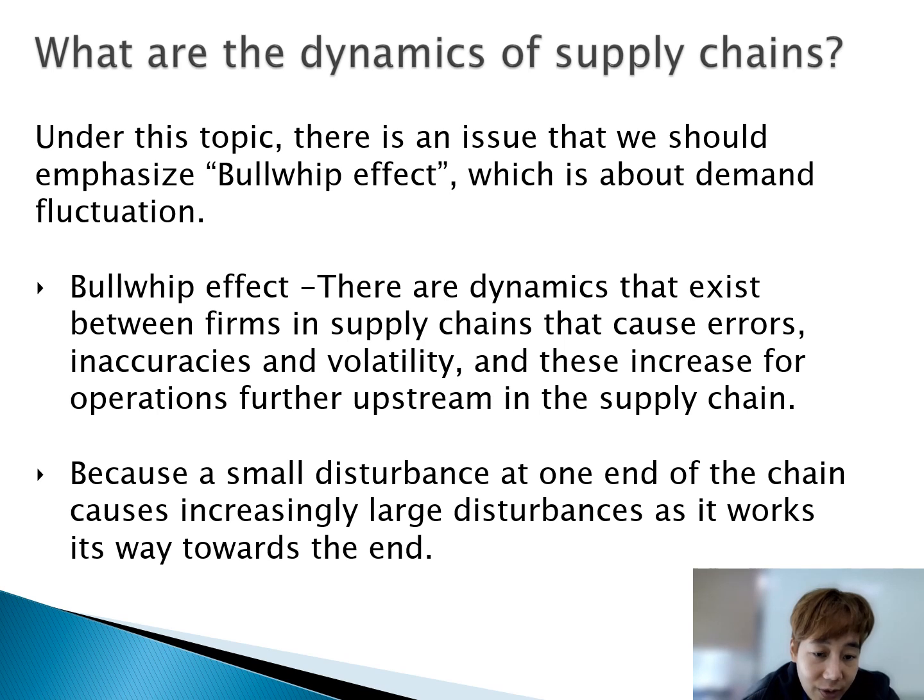This increases for operations further upstream in the supply chain. Okay, so it's the end of supply chain management. You need to review, just get the key concepts of it. That's all about this week. Good luck, everyone.